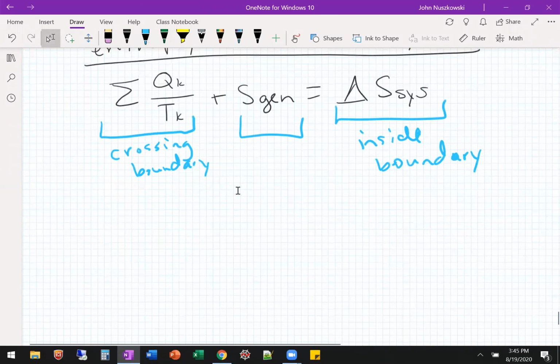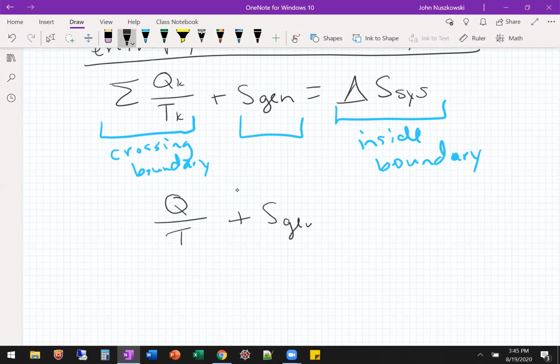All right, so if we think about what we do have, a heat transfer, right? We don't have to worry about the summation. We just have one heat transfer, okay? And we have the temperature that goes with it.